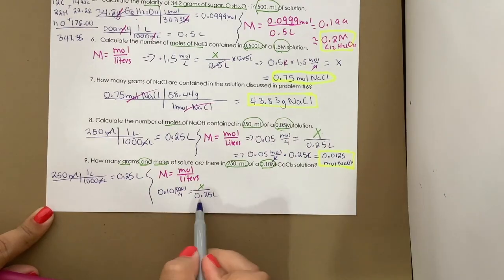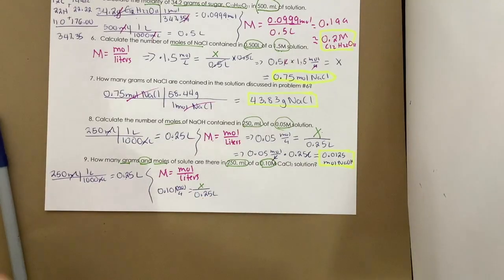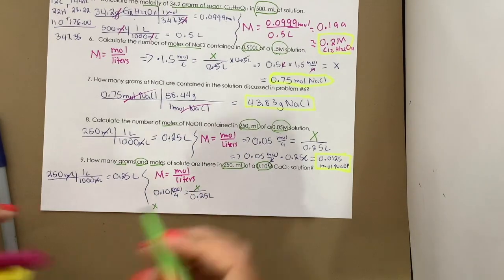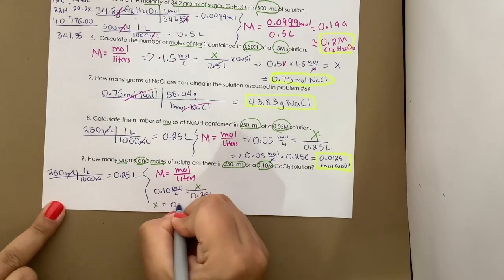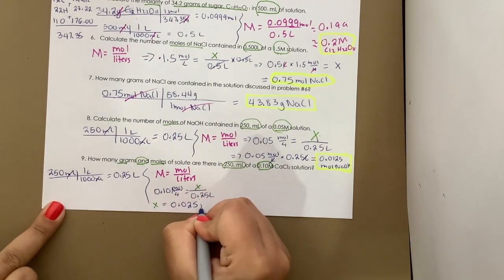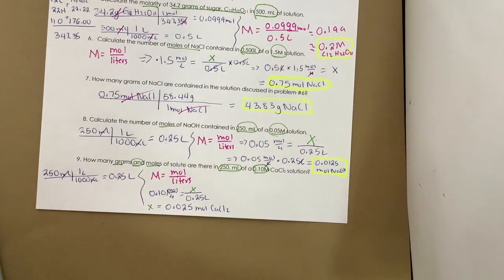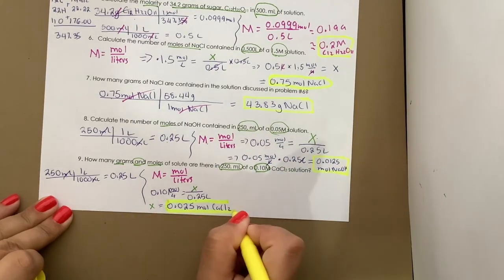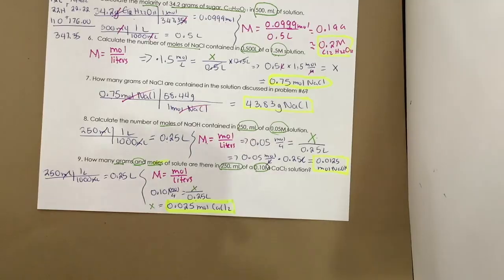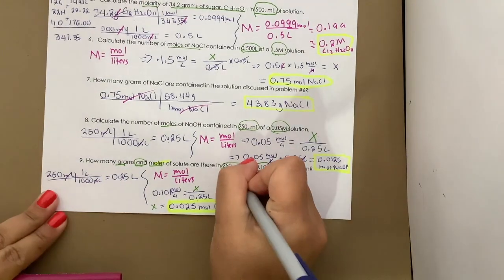To solve for X, I'm going to multiply 0.25 times 0.10. X equals 0.025 moles of calcium chloride. Okay, and that's part 1. So I just figured out how many moles of solute I have.